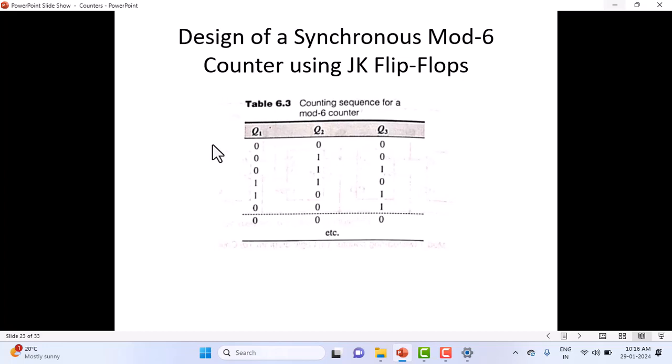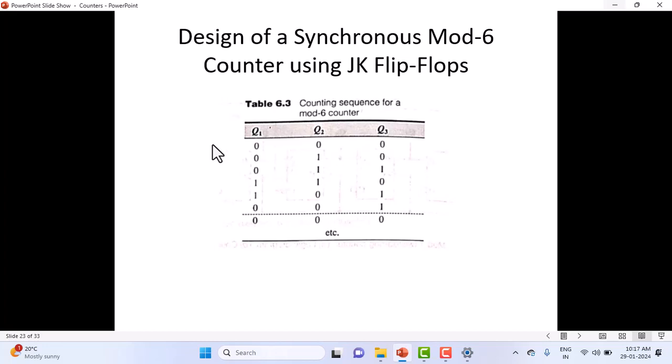Do you remember that in the previous class we discussed the excitation table? When I know the present state and the next state, what is the input required? You should practice that, so that you can understand counter design.